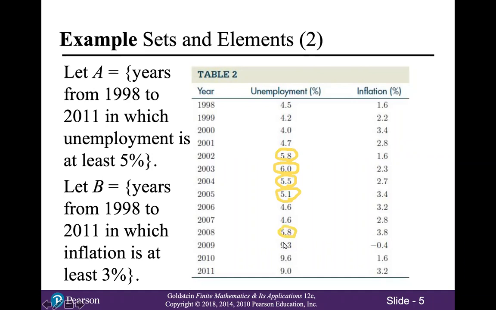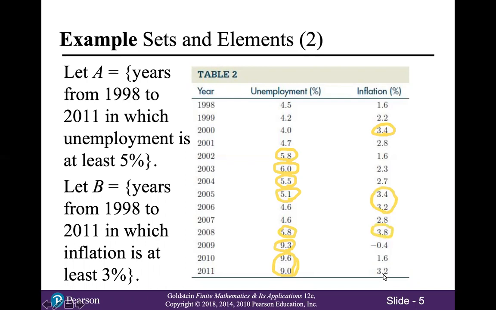And then under inflation, I'm going to circle all the numbers that are at least 3. All right, so we got 2 here, 1 here, and 1 here.